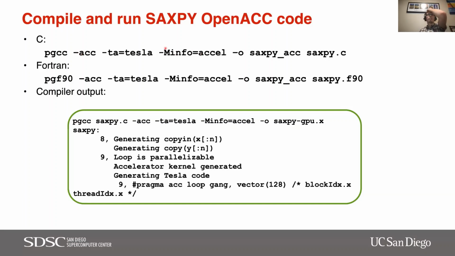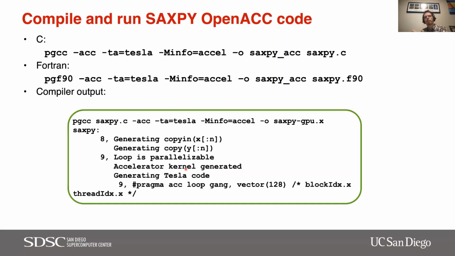And then this is just for information. So you're requesting some information about what the compiler actually does when it accelerates the code, when it generates the GPU code. If you issue that command, it will give you some output, and it tells you, okay, in line 8, it generates a copy in, and it generates a copy of Y. And in line 9, it recognizes, oh, this loop is parallelizable, and it generates an accelerator kernel.